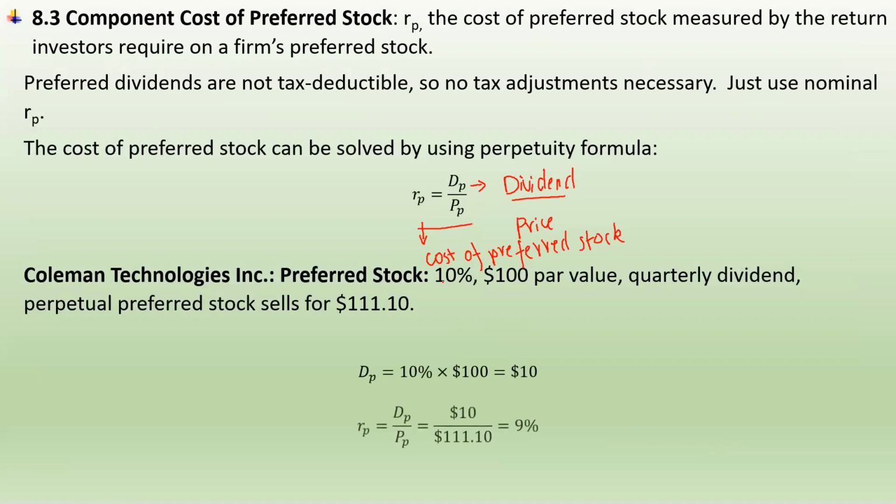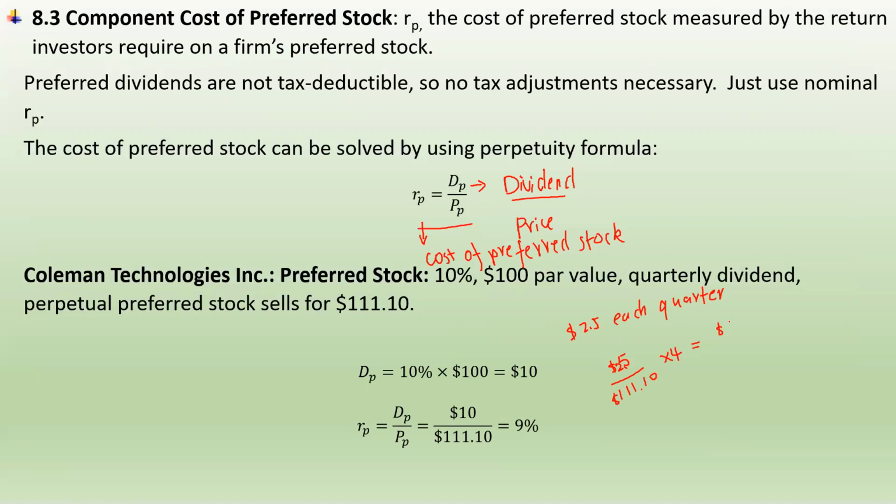So remember, the dividend is 10% per year, because here, even each quarter is 2.5. We still want to annualize the cost of preferred stock. So if we found that each quarter preferred stock, we have to times 4.